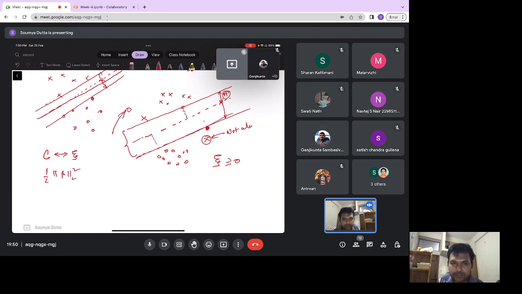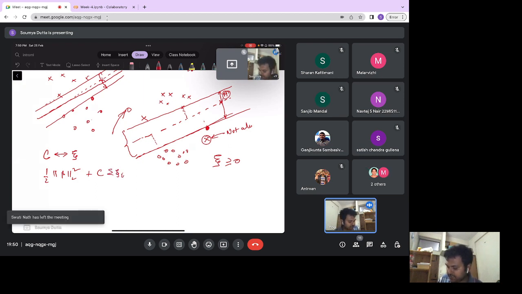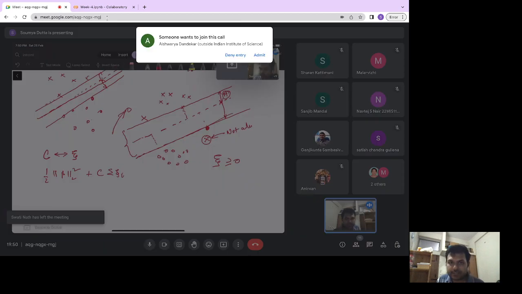This is your normal SVM objective function. You add to that C times the summation of zeta, I think. Yes, C times summation zeta i, where zeta i exists for all the points.